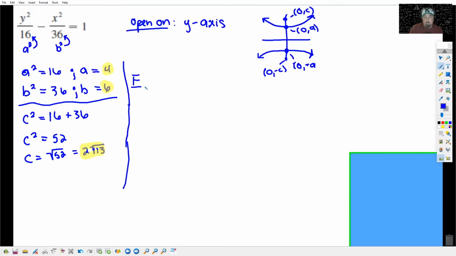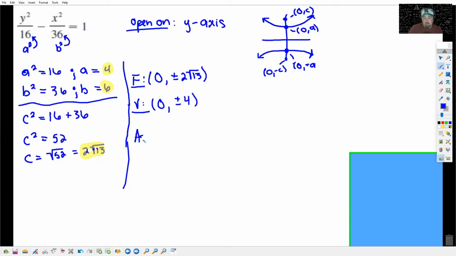So the foci points. We know they're going to start with 0 and they're going to be c. So they should be (0, plus or minus 2 root 13). Our vertices come from a. Those are going to have zeros here. So this is going to be (0, plus or minus 4).